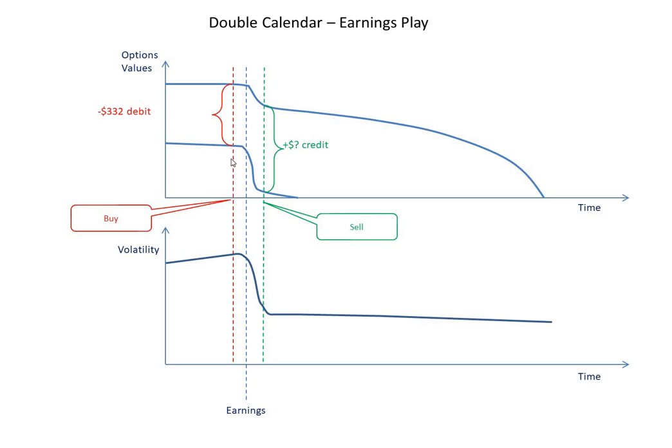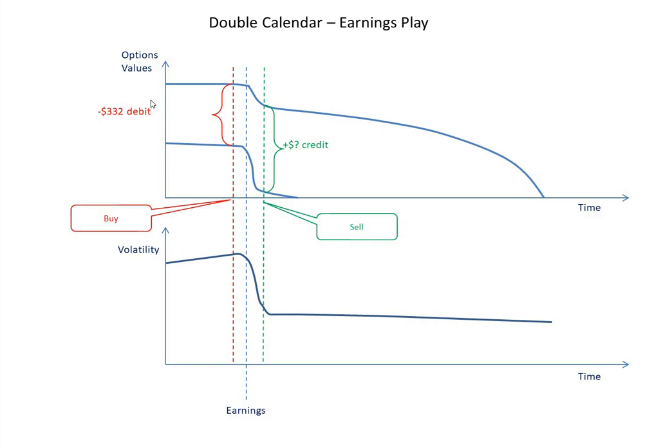As we can see, I collected roughly about this much credit, and straight after earnings, we can expect the value of this strangle to diminish quite substantially. That's the reason why this blue line is dropping close to the zero line mark, and it does reach the zero line shortly after the earnings because this strangle expires on the 20th of January in a few days.